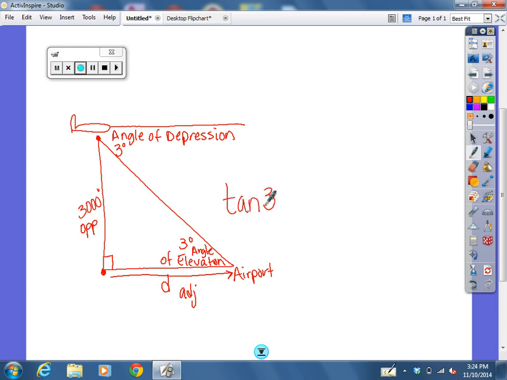So tan of 3 degrees is equal to my opposite over the distance, and we normally put x, but here I'll use d. If I want to solve for the distance from the airplane to the airport, I can cross multiply. So if I put a 1 under this, I can cross multiply. 1 times 3,000 is 3,000, and that's equal to d times tan of 3.